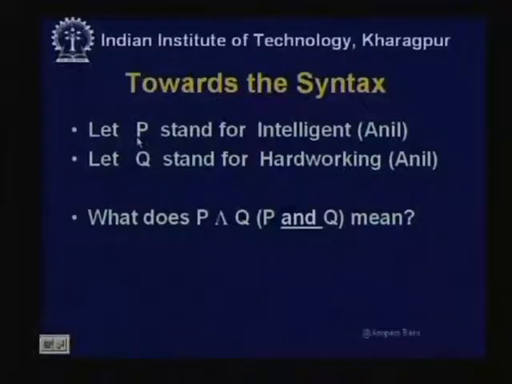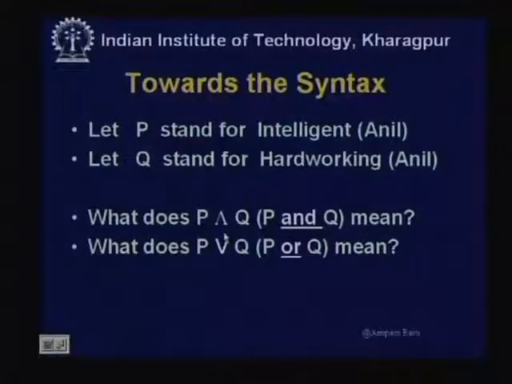P and Q is true when P is true and Q is true, when both of them are true. If either of them is false, then P and Q is not true. Although P is true, if Q is false, P and Q will be false. When P is true and Q is true, I will have to separately evaluate P and Q and see that P and Q is true.